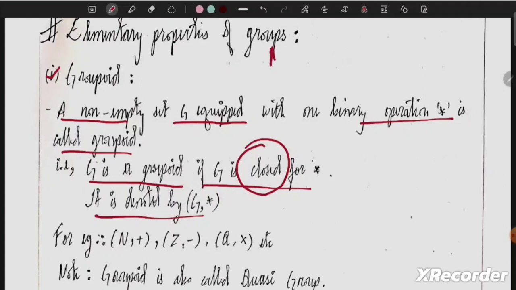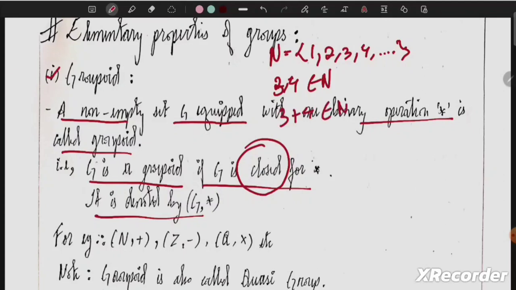Suppose we have the set of natural numbers, N equal to 1, 2, 3, 4, and so on. Let's take two natural numbers from the set, say 3 and 4 belong to N, and if we apply the addition operation to them, the end result will be a natural number itself, so it is closed in this case.